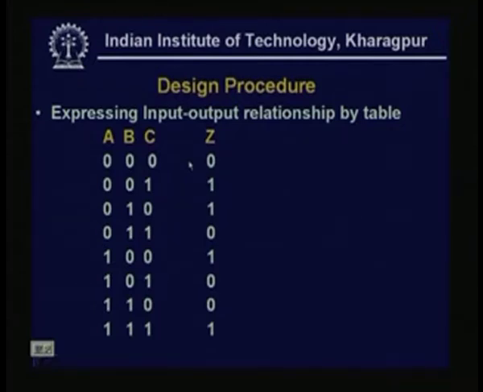For 0 1 1 the output is 0. For 1 0 1 it is 0, and for the fourth combination too. So the minterms are 0, 3, 5, 6. For these 4 combinations of inputs, the output is 0.